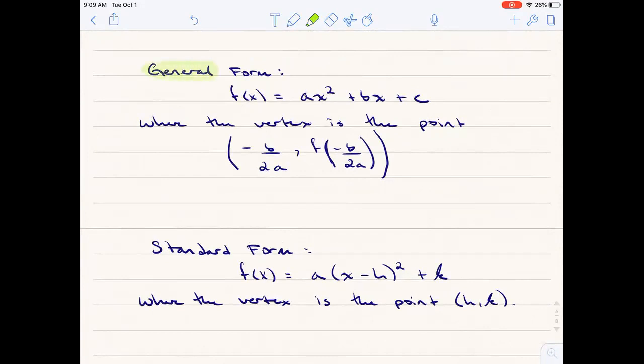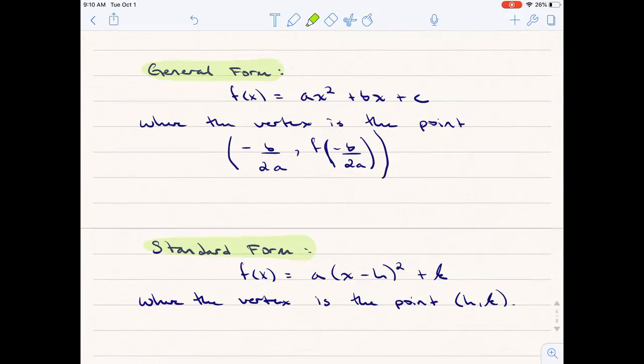So if we've got the general form and the standard form, we can move between the two, right? We're not going to do that because I'm worried about time, but you can.